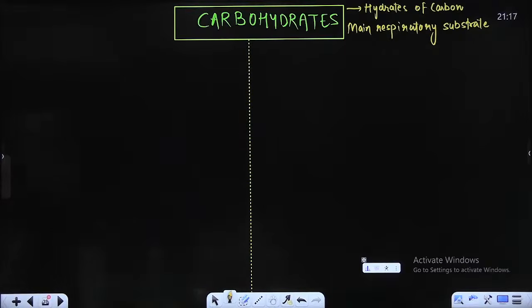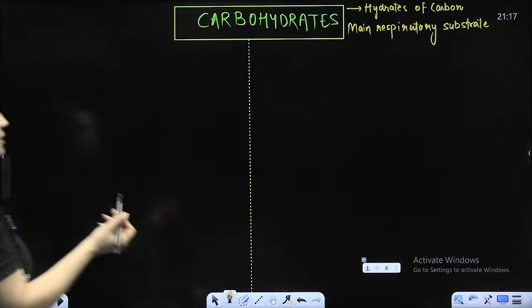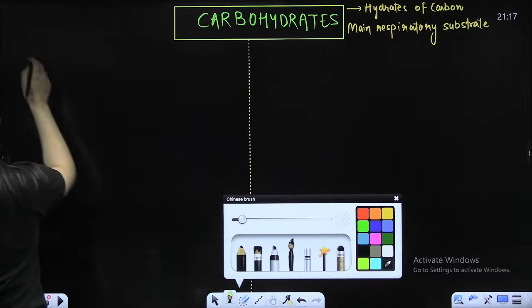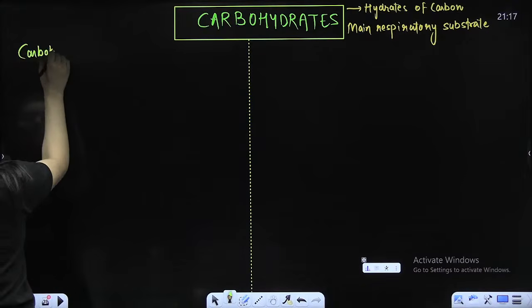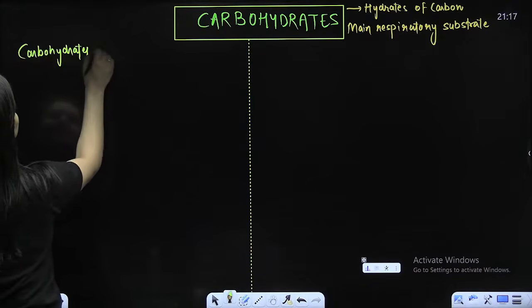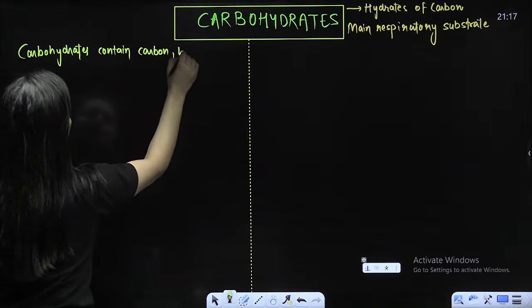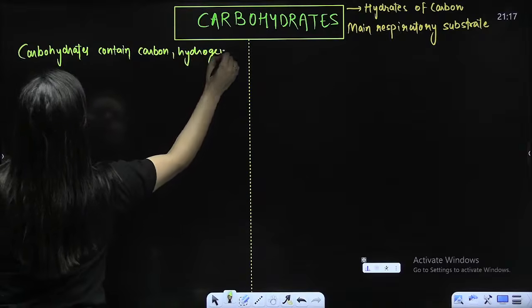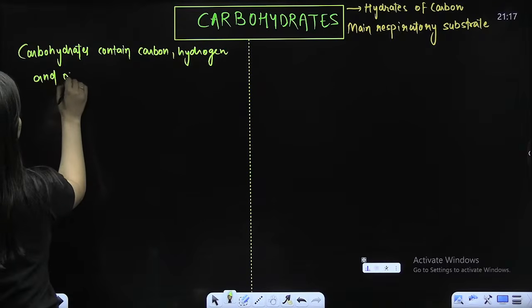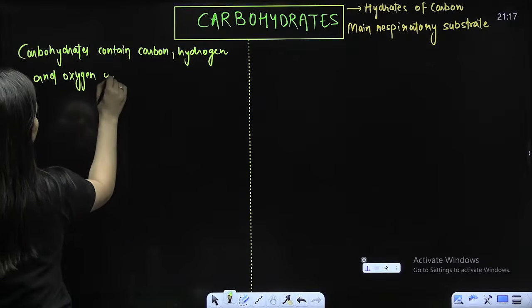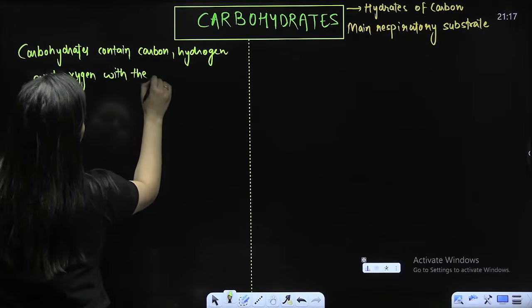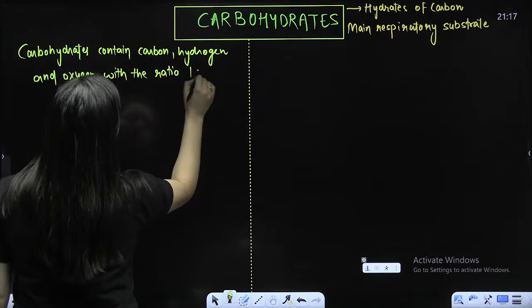So we are talking about the carbohydrates. They are the main respiratory substrate, your main source of energy. The carbohydrates contain carbon, hydrogen and oxygen with the ratio 1:2:1.